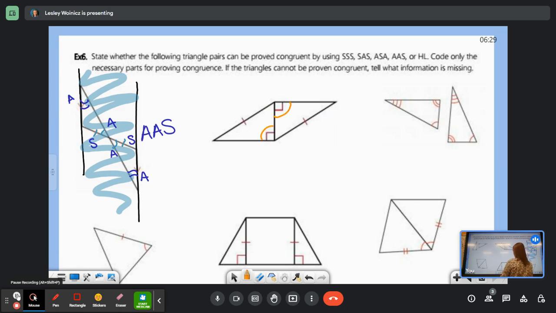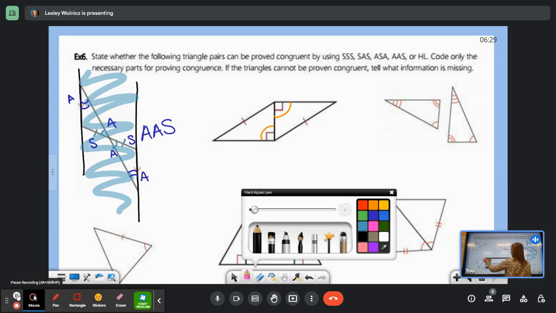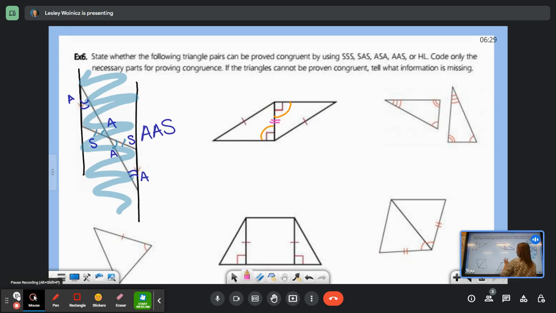And then I have, by the reflexive property, this side is congruent to itself. Okay, but this one is tricksy. Okay, look at the order here. I have a side, and then a side, and then an angle.